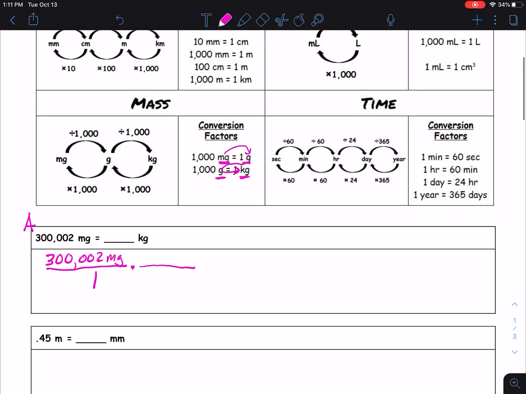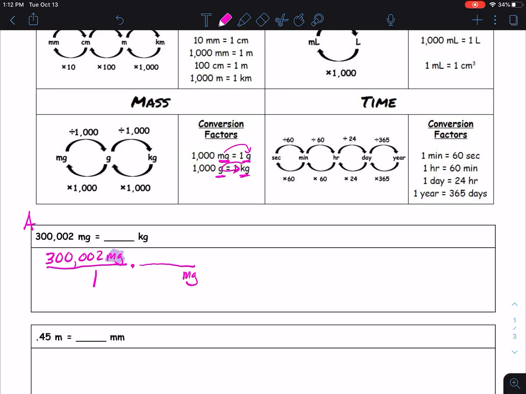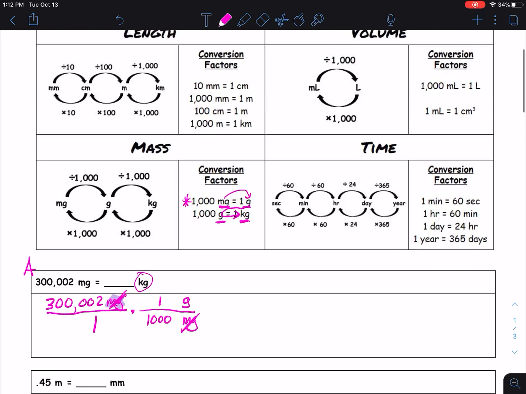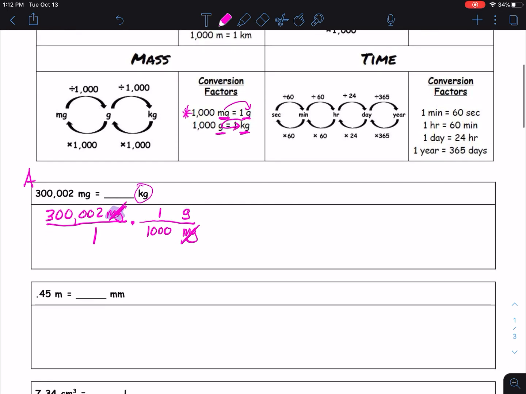So there's milligrams in the numerator right there, so we're going to put milligrams in the denominator here. If we look up here at the conversion factors, we see 1,000 milligrams equals 1 gram. And we said we're going to go to grams. Milligrams cancel, we're left with grams, but that's not what we wanted. We wanted kilograms.